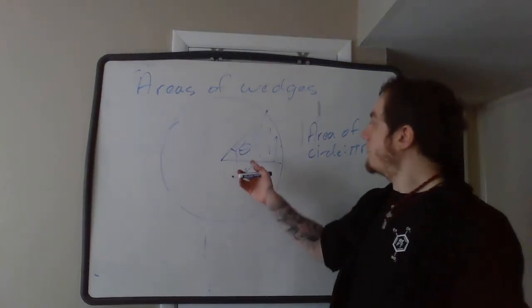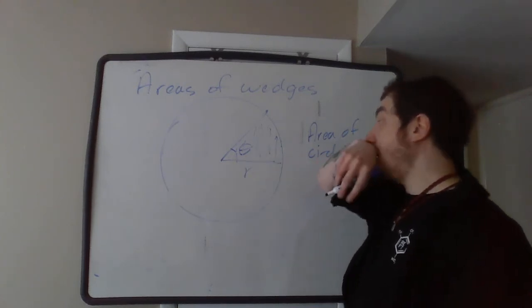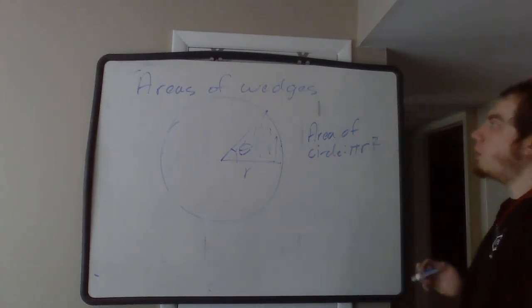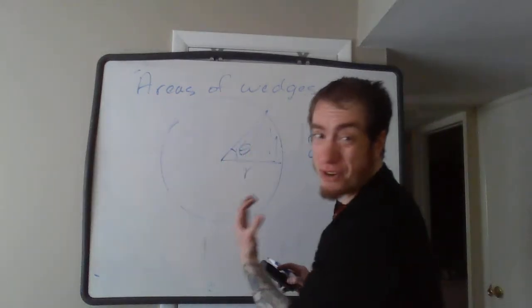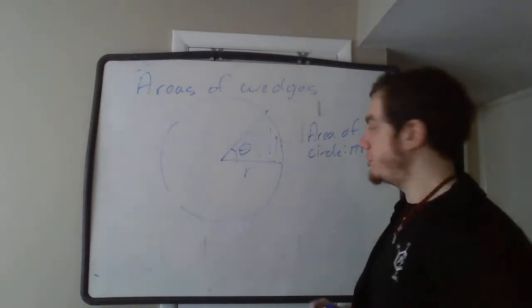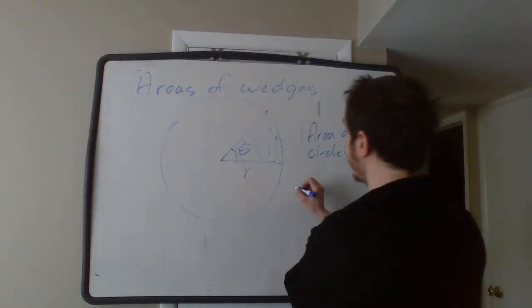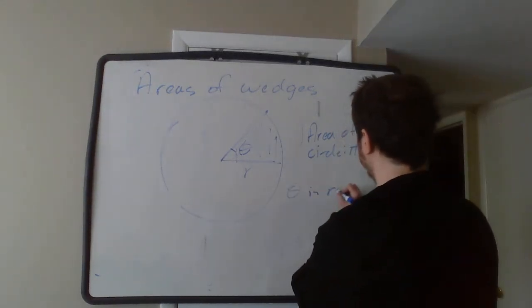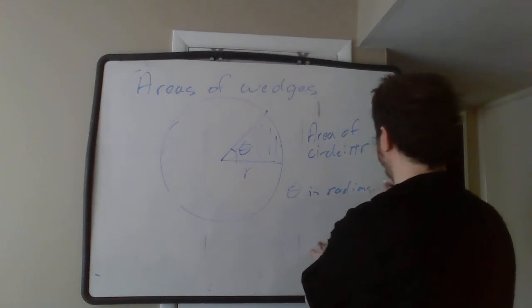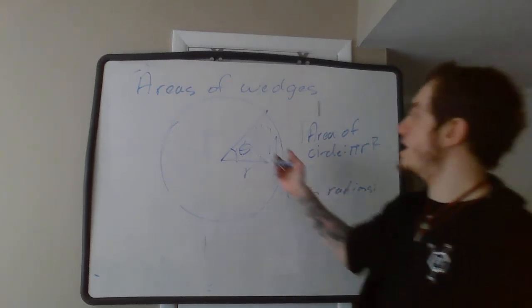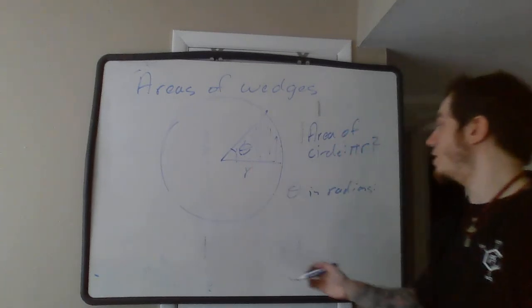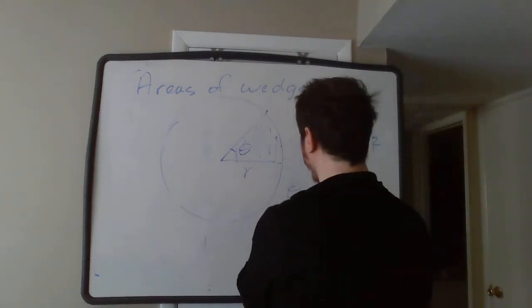So, if I have pi r squared in here, then what is the portion of the circle, the fraction of the circle that is inside of this wedge? Well, if theta is in radians, then the portion that is inside of this wedge is going to be a fraction of theta over 2 pi.